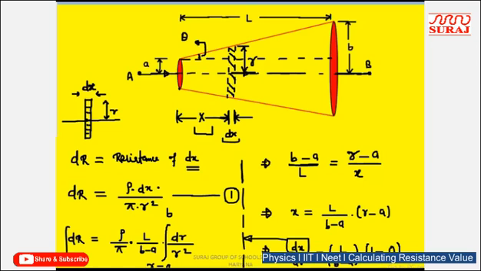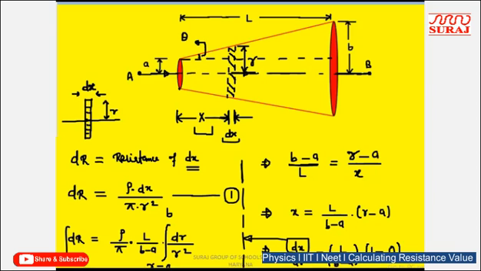In this equation both parameters are present, so for integrating this, we have to make the equation a single variable. For changing dx to dr, I have considered a section of this conical shape in which tan theta gives b minus a upon L equals r minus a upon x. So x can be written as L upon (b minus a) times (r minus a).